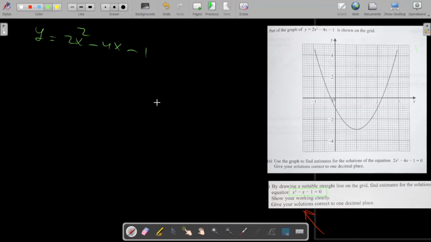And the equation of the line that I'm trying to find is representing x squared minus x minus 1, and intentionally I'm making the 0 on this side. Why is that? Because the strategy to find the straight line is to make this side equal to this side. Clear?